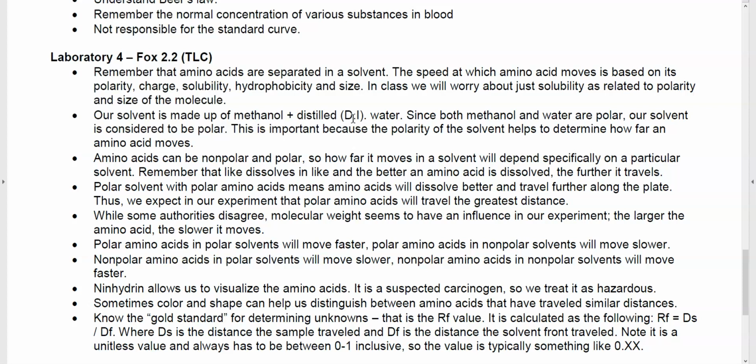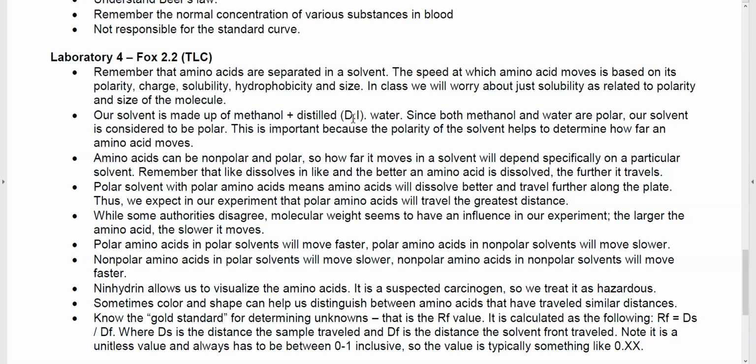So if I had a polar solvent, a polar solution, where I dissolved 2 amino acids in and they were the exact same size, but one moved much further than the other, I would say, okay, I have a polar solution, and let's say amino acid A moved a lot further than amino acid B. It would tell me that it was more soluble, right?